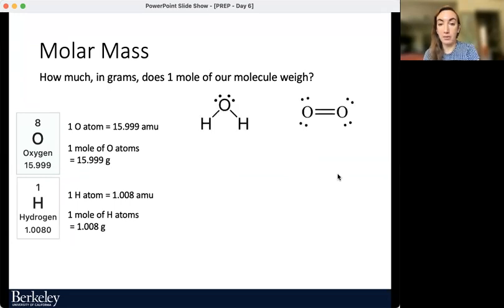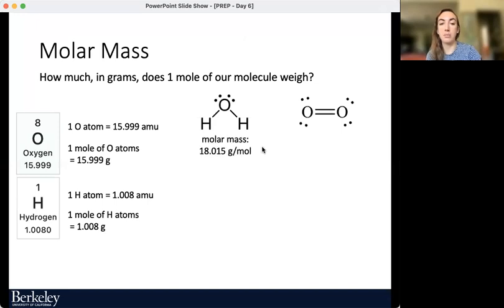So if I have 2 different molecules, so this is H2O or water, and this is O2 or elemental oxygen, 1 mole of H2O molecules has 1 mole of oxygen atoms and 2 moles of hydrogen atoms, in the same way that 1 H2O molecule has 1 oxygen atom and 2 hydrogen atoms.